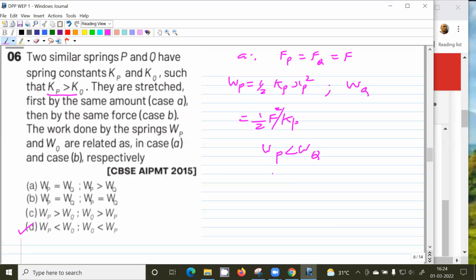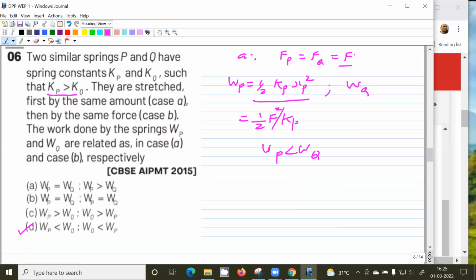What you have written on the expression, Wp equal to half kx square? Yeah, work done on the spring will go in increasing the energy, right? Half Kx square, and this is Kp for spring P, sir. And they are both given the same force, no? That will be equal to K into X for both of them.